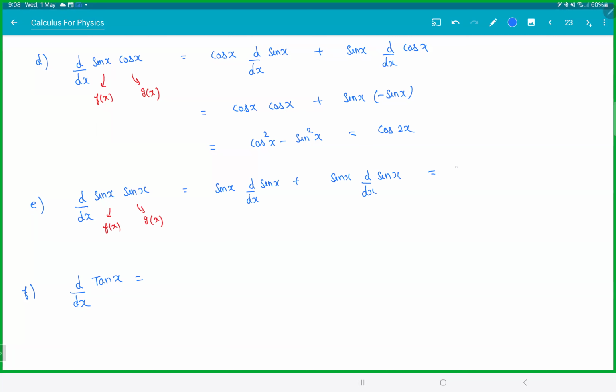The differential of sin is cos x, so sin x cos x. So we have 2 sin x cos x. 2 sin x cos x is sin 2x. That's your second trigonometry formula if you remember. What about tan x? How to write tan x? d by dx of sin x by cos x, the division rule, the third one.